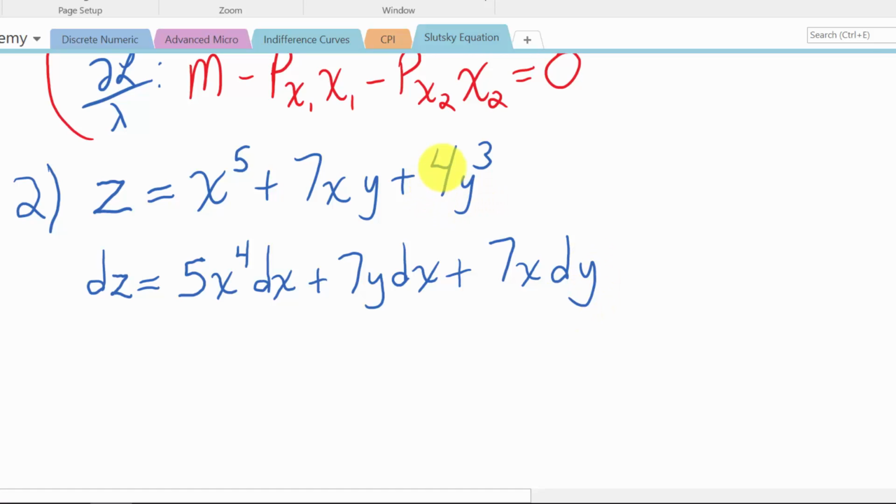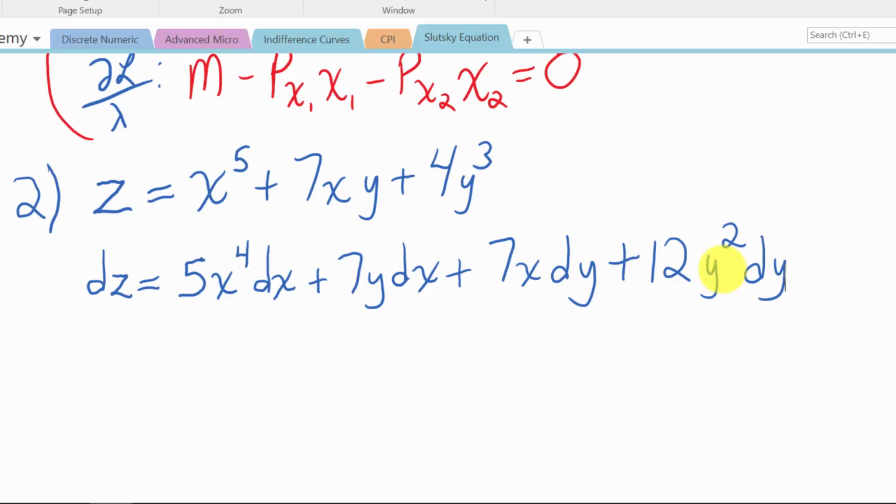And then we have one last term that only involves y, so we're going to say plus, take the derivative of that with respect to y, that's going to be 3 times 4 is 12, y squared dy, because we want to know how when we change y, how does it change z? Well, we're going to have to multiply that change in y by this magnitude, the 7x, and the 12y squared. So this would be called the total derivative, or the total differential, some people will call it.